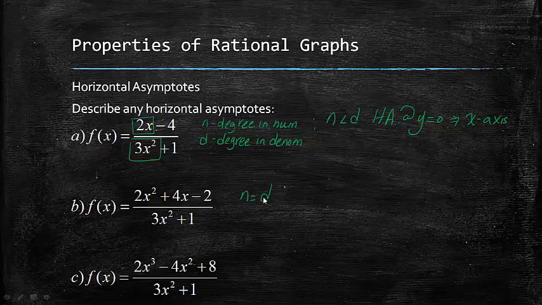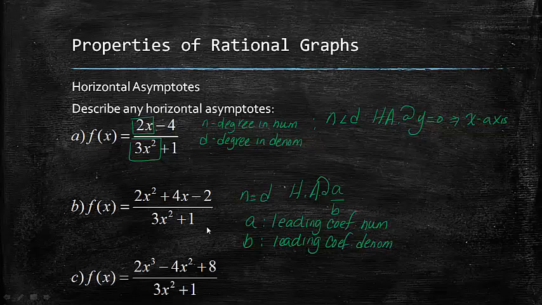And we said when this happens, the horizontal asymptote is going to occur at a over b. And what is a? A is the leading coefficient in the numerator, and b is the leading coefficient in the denominator.